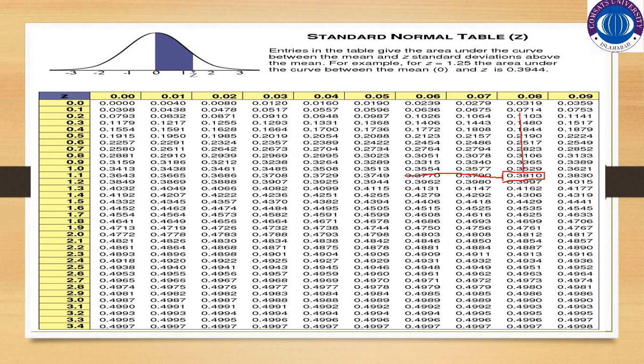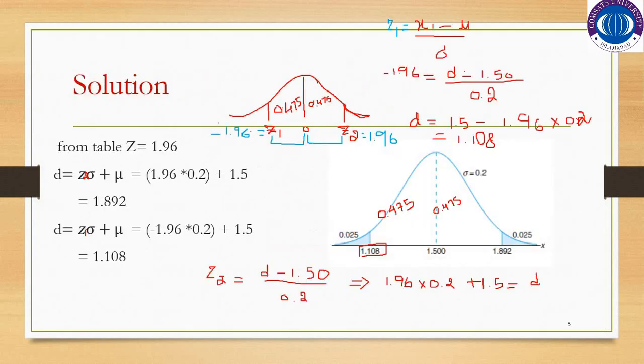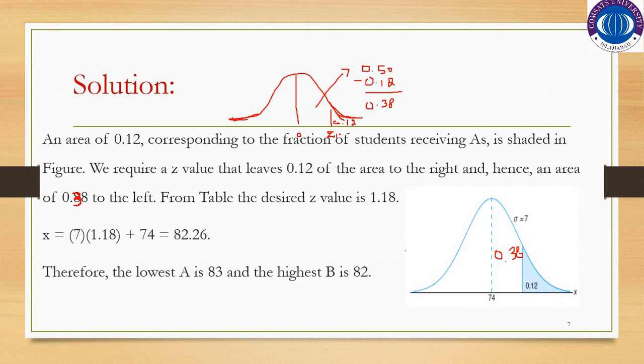By going in this direction and in this direction, we find that this corresponds to 1.18. So the Z value is 1.18.